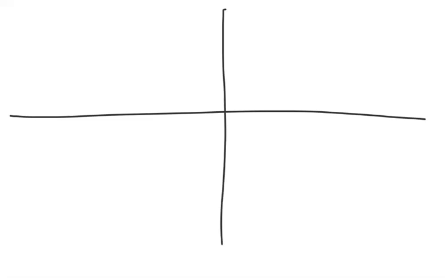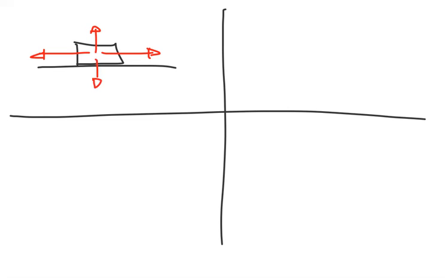So maybe I have this box, and let's say all the forces are equal. Let's give them numbers here. We'll call this F1 and call that 1 Newton, call this F2, call that 1 Newton.